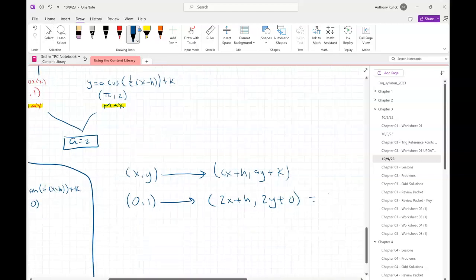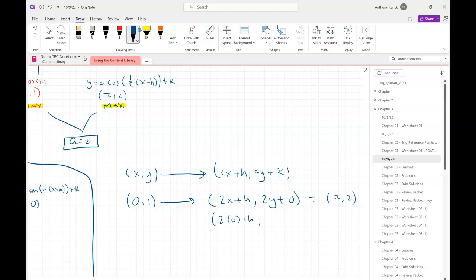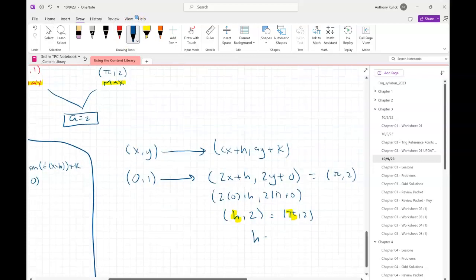And that should come out to be the point (pi, 2). So when I plug the 0 in for x and the 1 in for y, I get the point (h, 2). So what's that tell me? That h has to be pi.